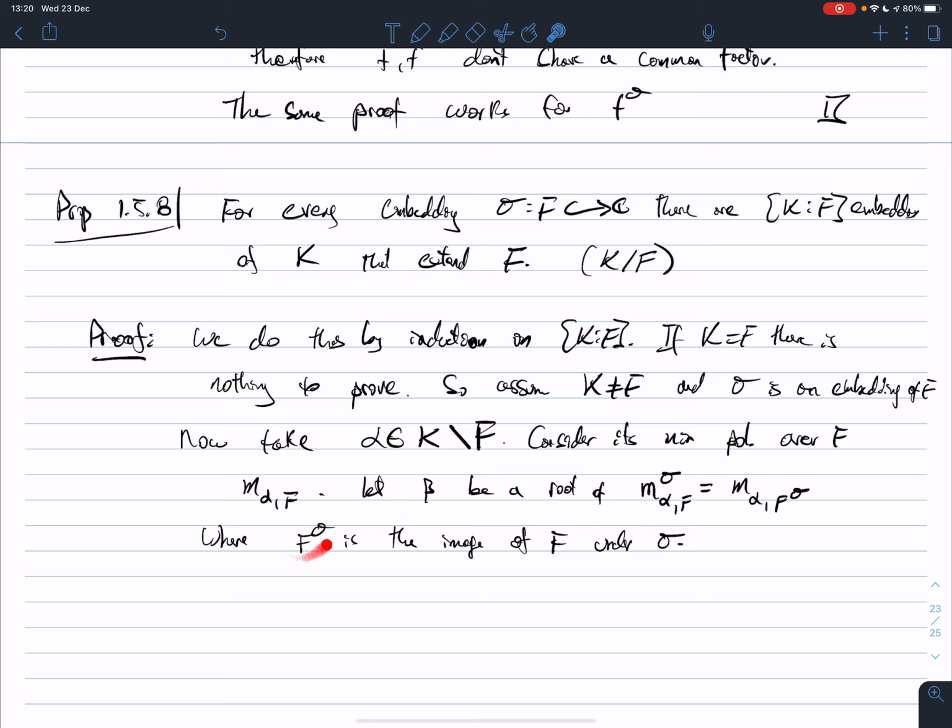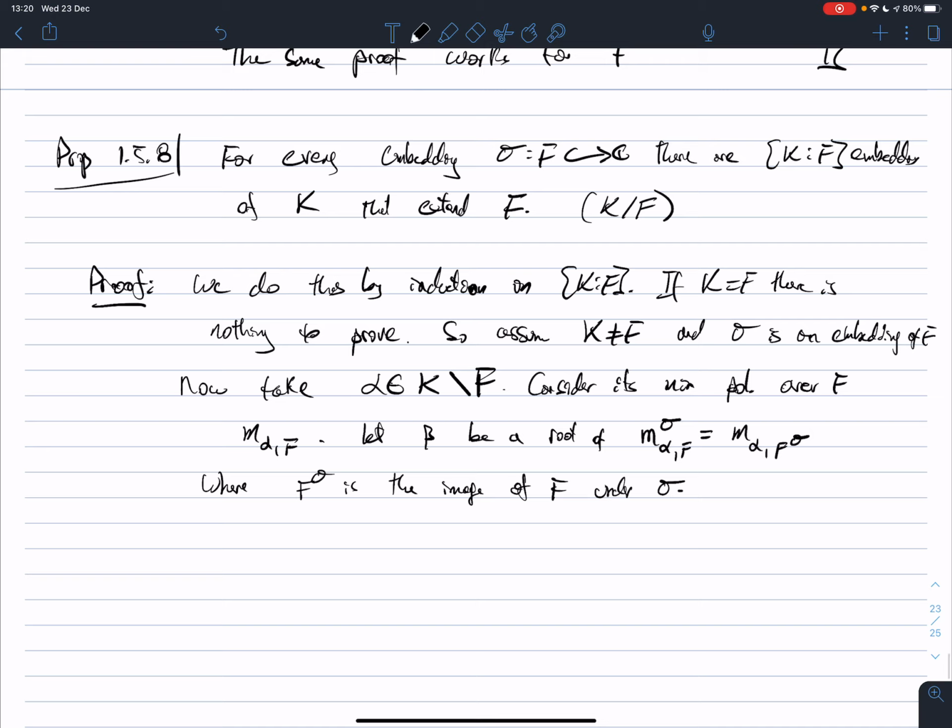F^σ is just my notation for the image, the field you get after applying σ. Remember, σ goes from F into the complex numbers. So this line is telling you that if I take the minimal polynomial and apply σ to all the coefficients, I get the minimal polynomial of α, but now over the field F^σ.